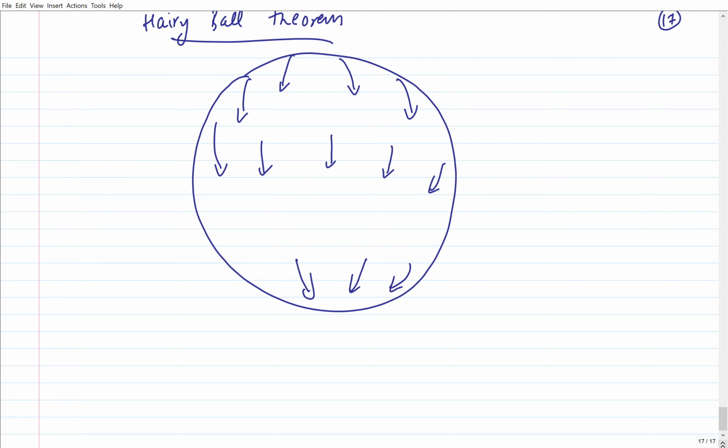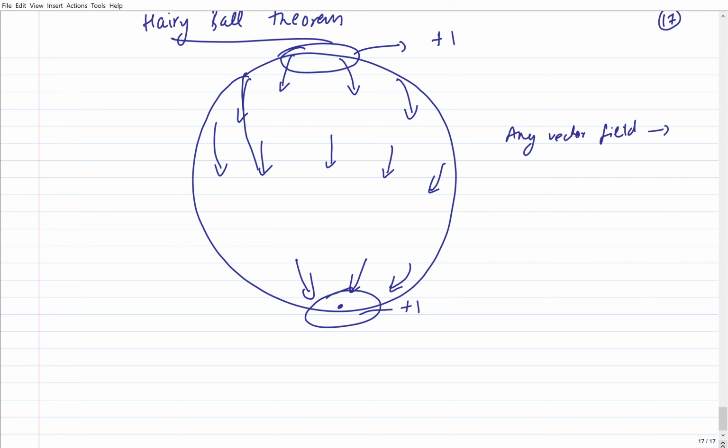So essentially what it says is that if I make a loop around it, that would be plus 1, and here is a sink, that's also going to be plus 1. So if I am following any vector field, if I follow it like a trajectory on the sphere, it has to have fixed points whose indices sum to plus 2 for the sphere.